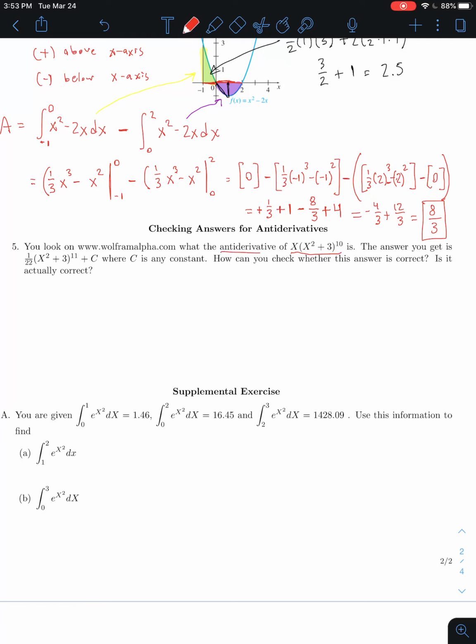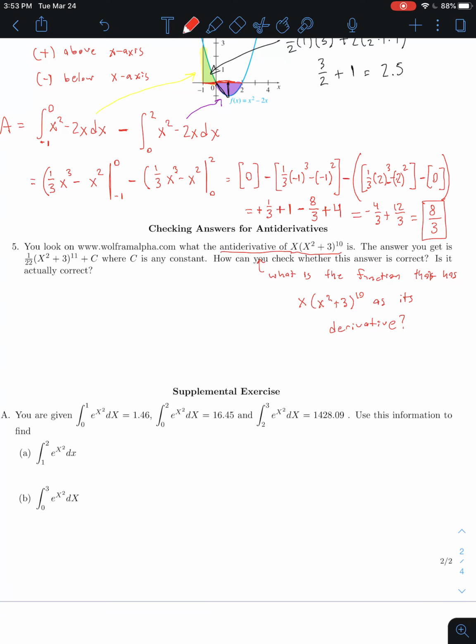This all goes back to the idea of what is an antiderivative. The antiderivative of this function tells us what function has (x squared plus 3) to the 10th times x as its derivative.